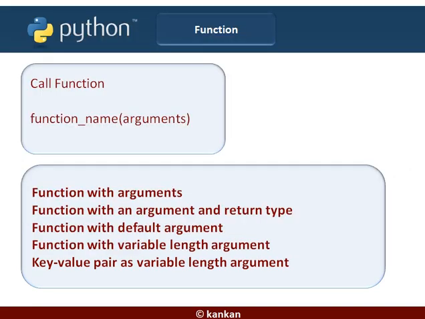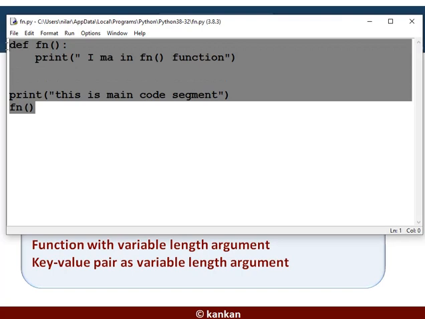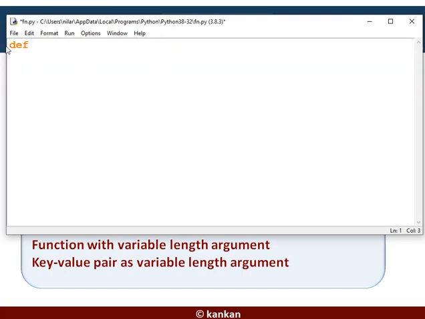I am writing another code. Suppose I have declared a function. The name of the function is fn1. I don't like to pass any argument right now, so no argument will be there.